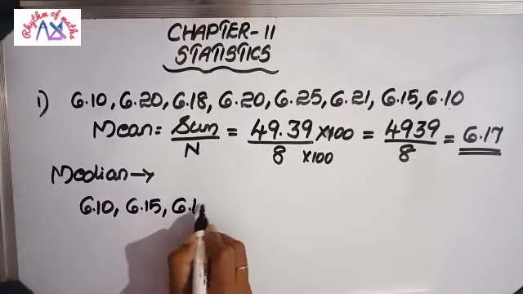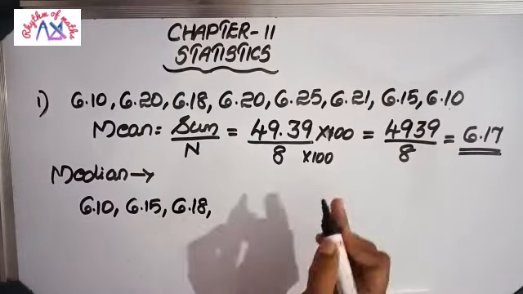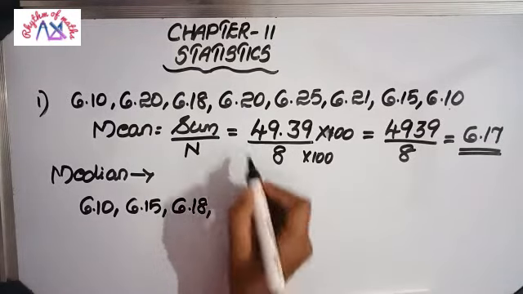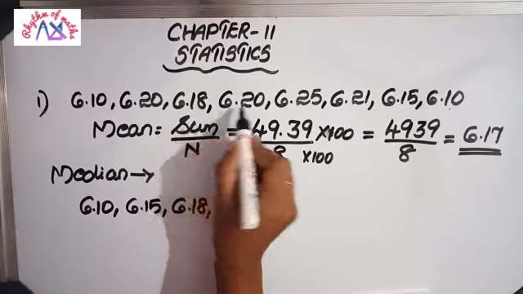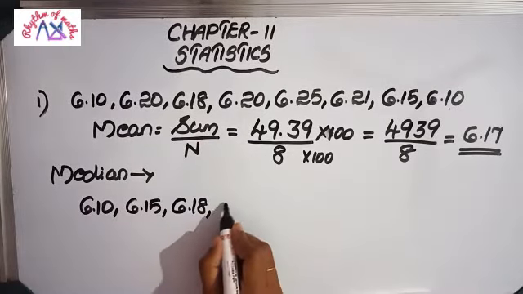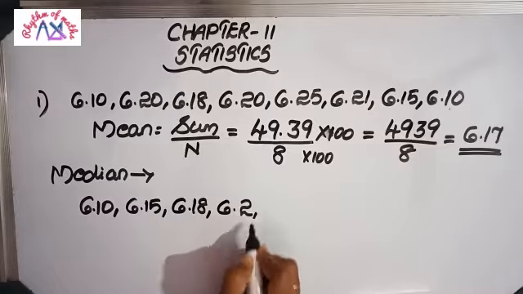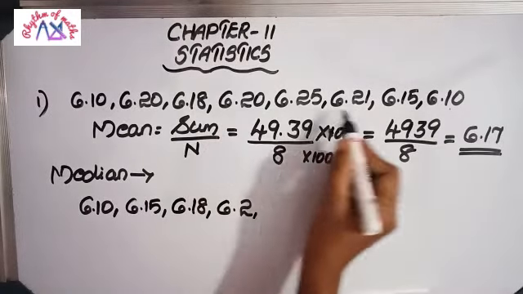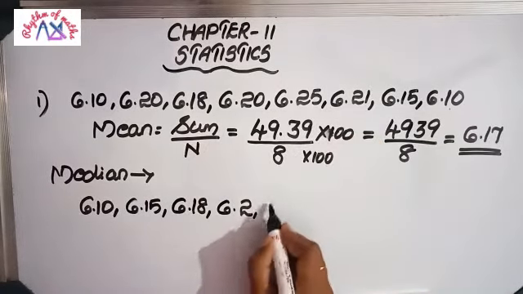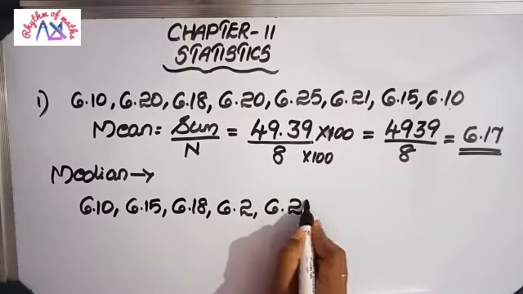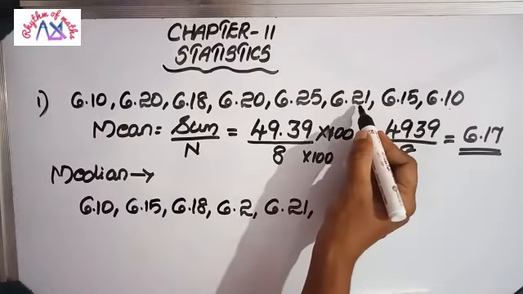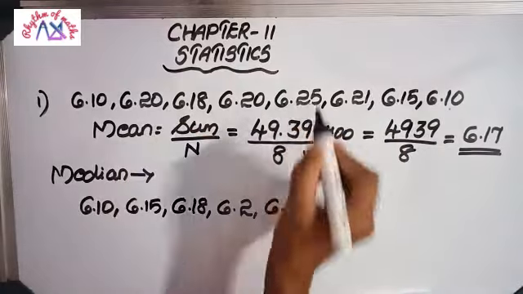In greater value, ascending order. After 6.18, it is 6.2. 6.2 is there twice, but we need only 1. After 6.2, 6.21 is also there. After 21, next is 25.